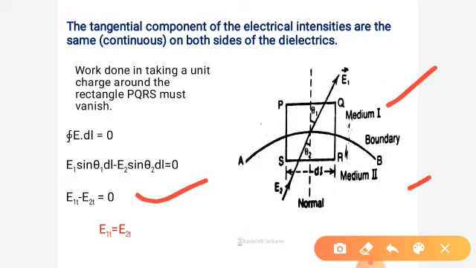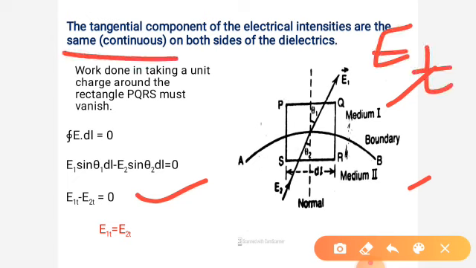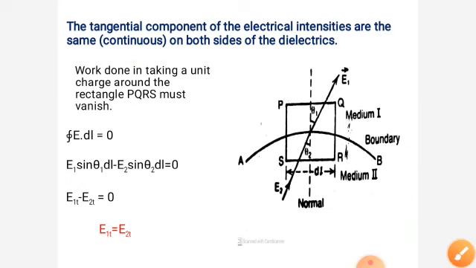So the tangential component of electric intensities, that is Et, are same on both sides of the dielectrics, it is continuous. This is all about the second boundary condition. Thank you.